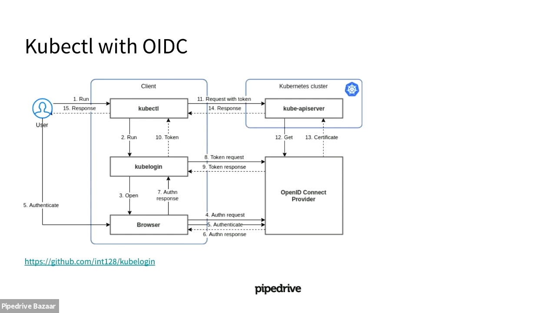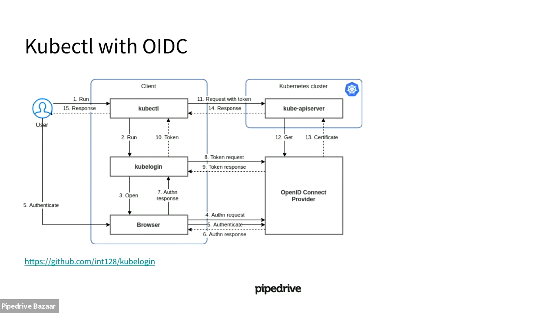Actually, kubectl has OpenID Connect authentication support enabled. All you have to provide is the token and refresh token, and it will use the refresh token to re-authenticate if your token has expired. But in our case, it wasn't possible to use because we have two-factor authentication enabled.